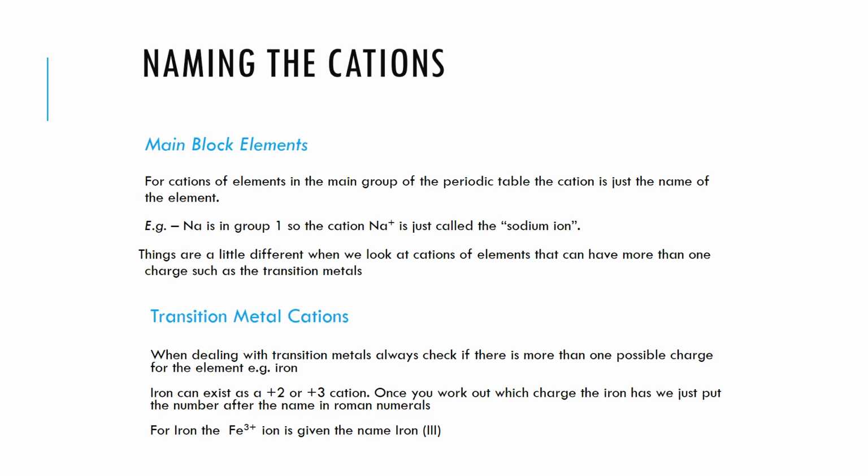So all our main block elements, so our S and P block, which are on our periodic table, are going to be our main block elements, so not our lanthanides and not our transition metals.